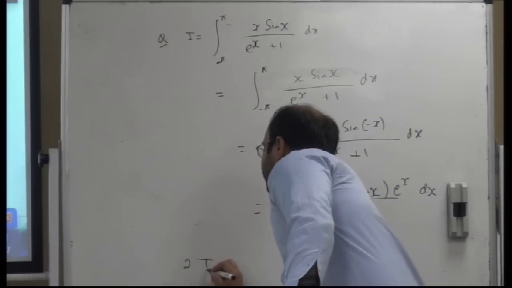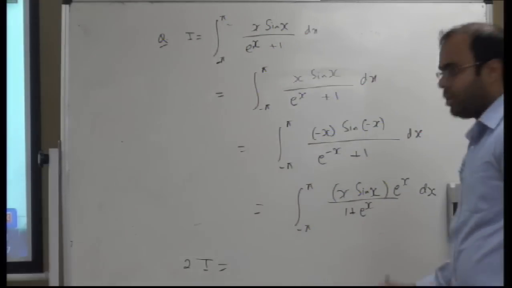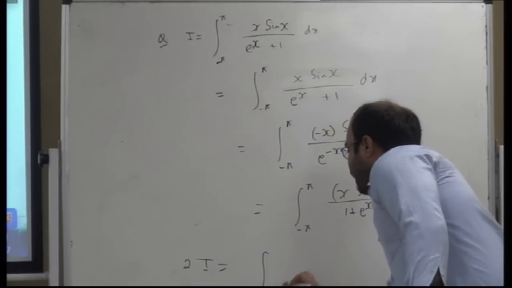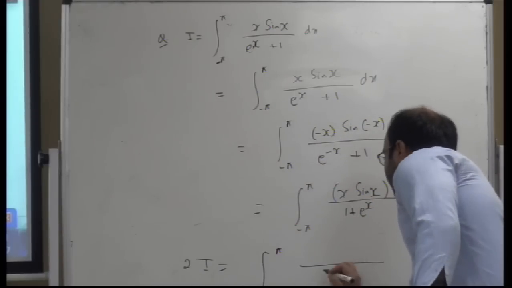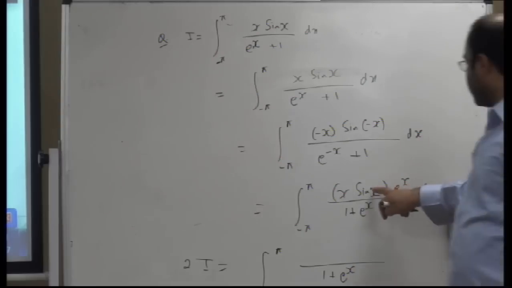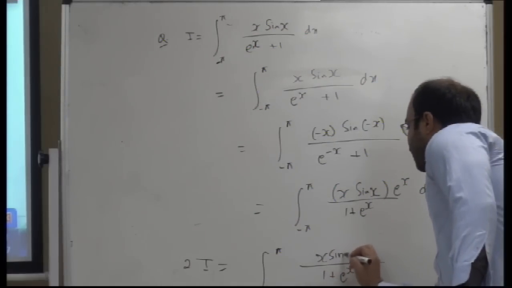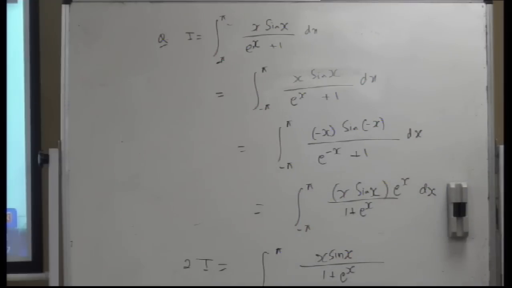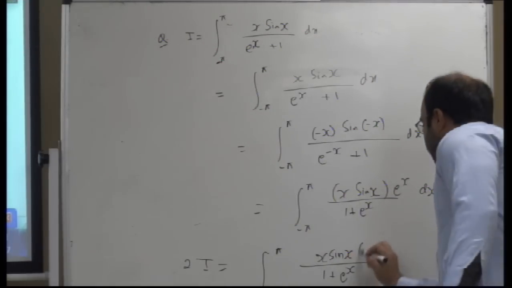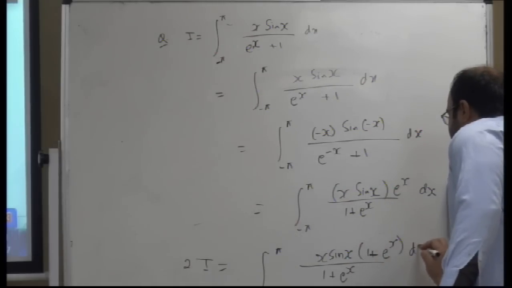So 2I equal to, you will just add these two functions. This would become integral from minus pi to pi, and the denominator is 1 plus e to the power x. When you add this one with this, you take common x sin x, and this would become 1 plus e to the power x dx.